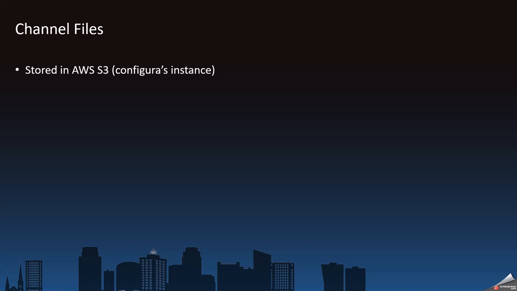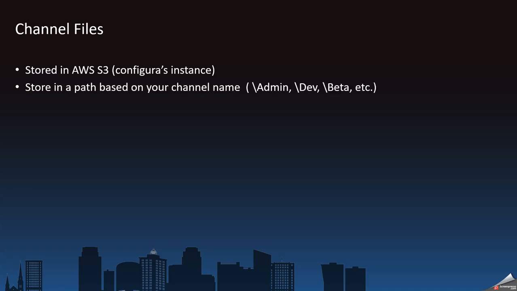Configure has Amazon AWS servers where those files get stored. So they would store in a path based on the name of your channel. That way they're kind of separated out from each other.